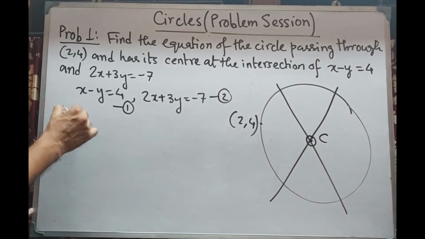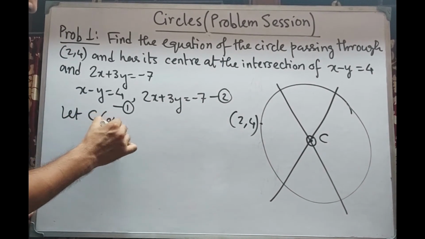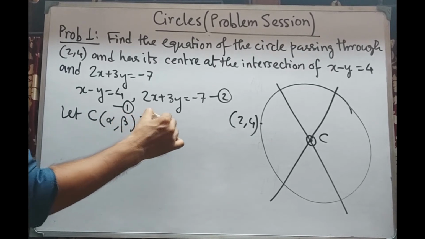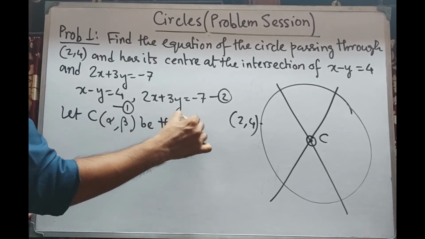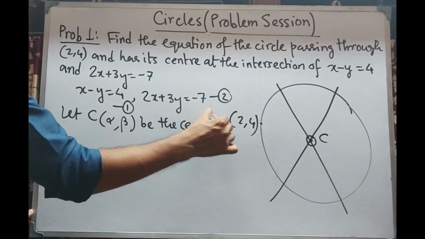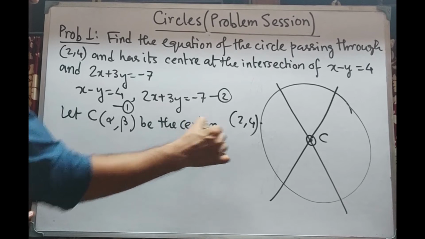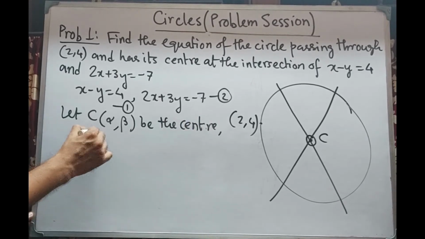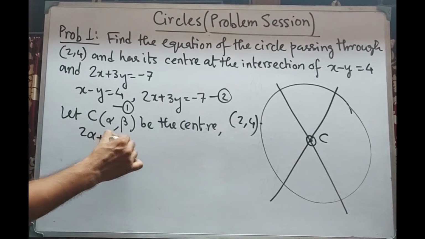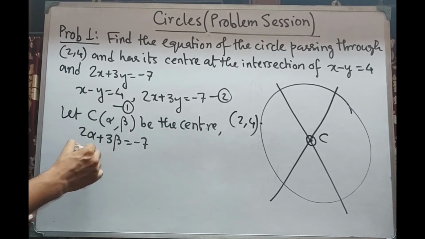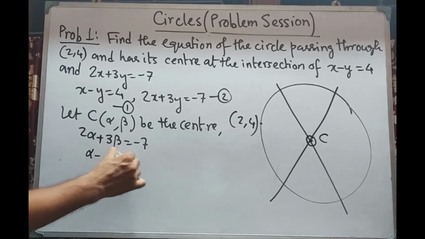So if I take C as alpha, beta, if this is the center, then what we can say? Then we can say that 2 alpha plus 3 beta is equal to minus 7 and alpha minus beta is equal to 4.